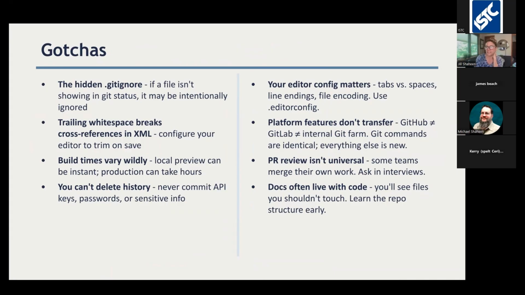All right, some gotchas. Every repo has, or could have, a gitignore file. You want to make sure that your file browser on your computer is showing hidden files, because by default, your computer won't show the hidden files in your file navigator.